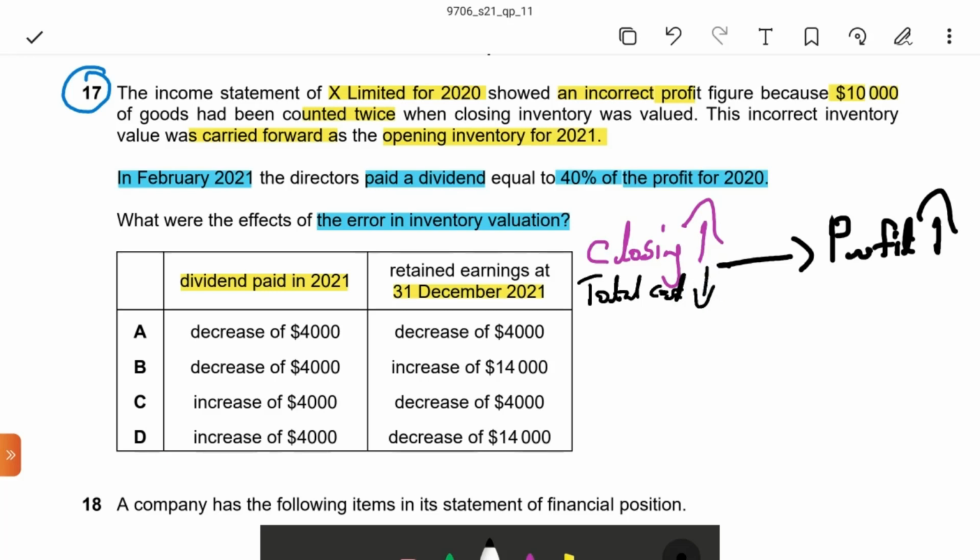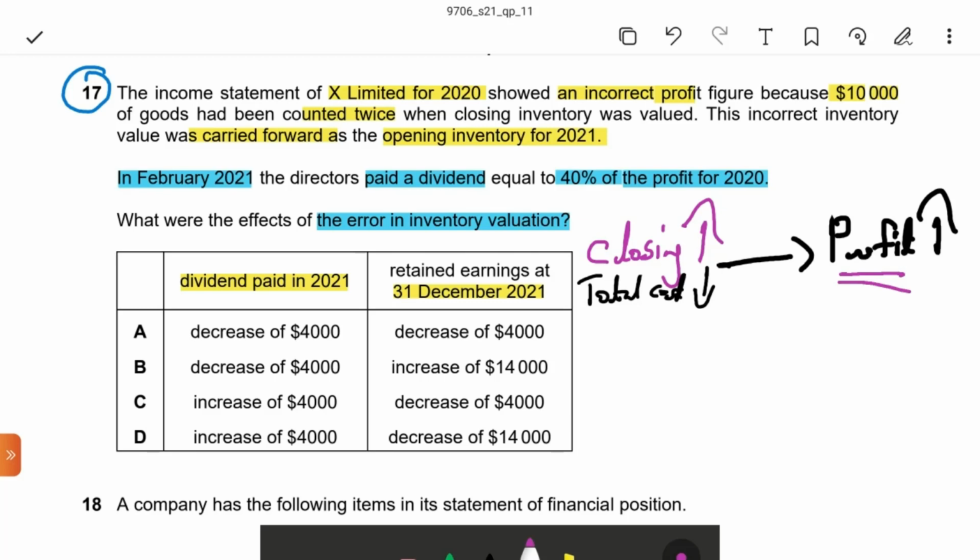Always closing inventory is deducted from the cost of sales: opening stock plus purchases minus closing inventory. If you deduct an extra overstated amount, it shows your cost is less. Cost less means profit is more. Is that part clear? So profit will be more here.